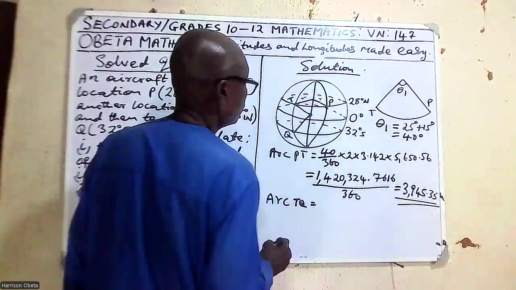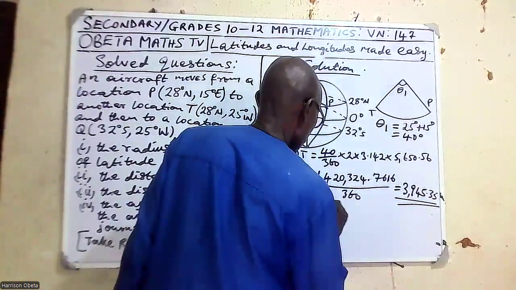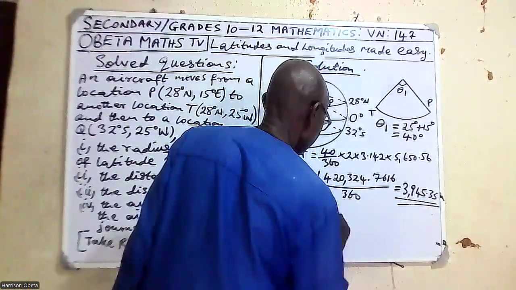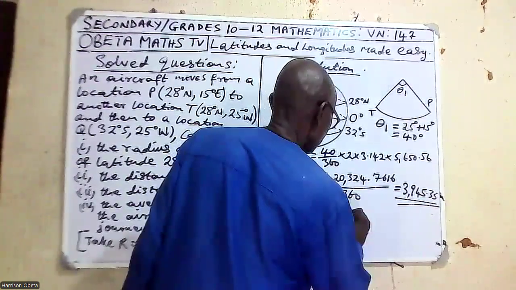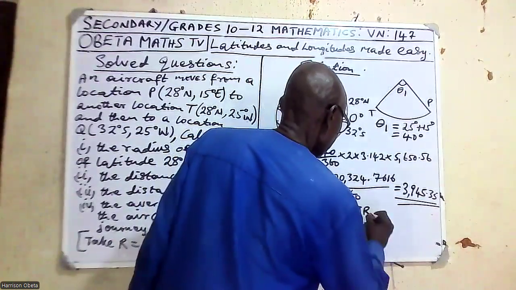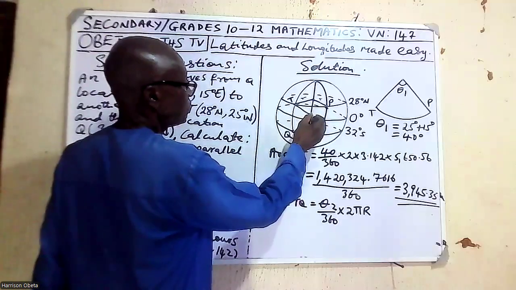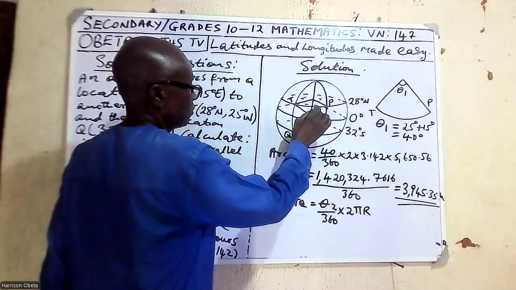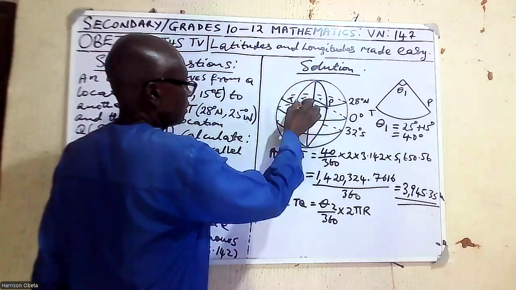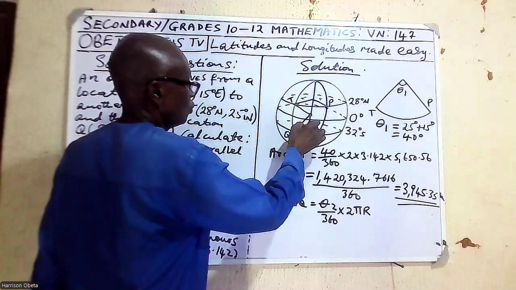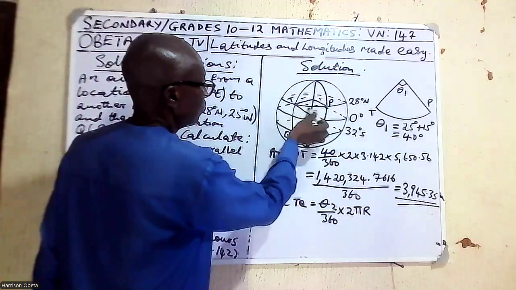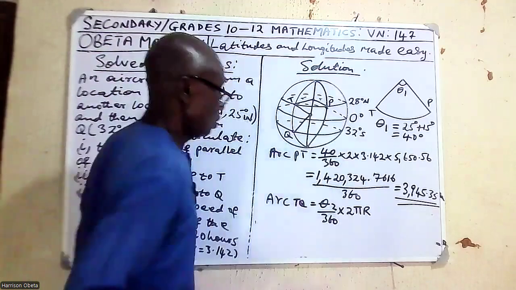Arc TQ should be theta 2 over 360 times 2 pi capital R, capital R because the center is the big center. The distance is along longitude, while the other one is distance along latitude.